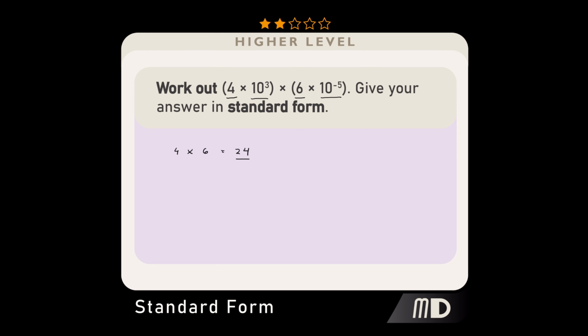So 10 to the power of 3 multiplied by 10 to the power of -5 is equal to 10 to the power of 3 plus -5, which is 10 to the power of -2.